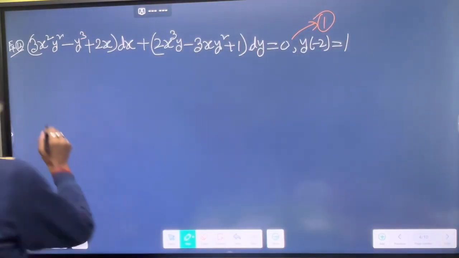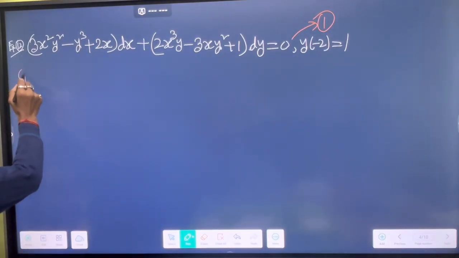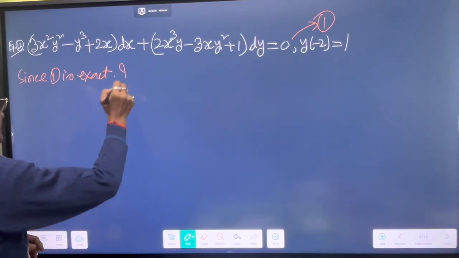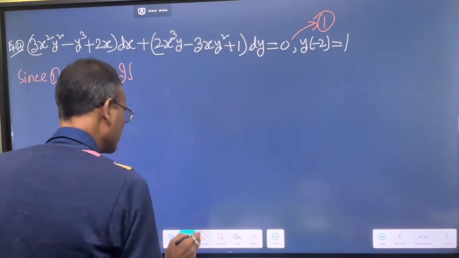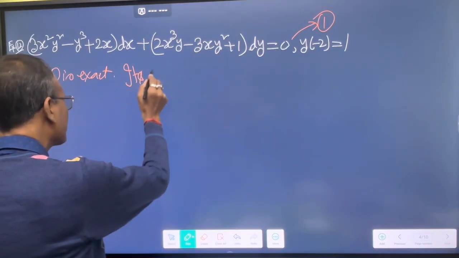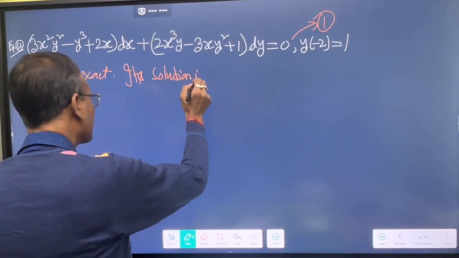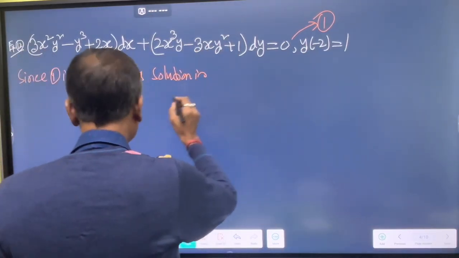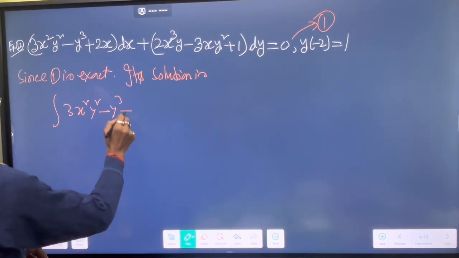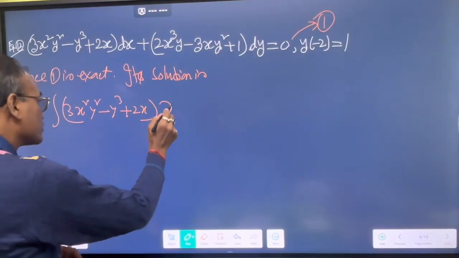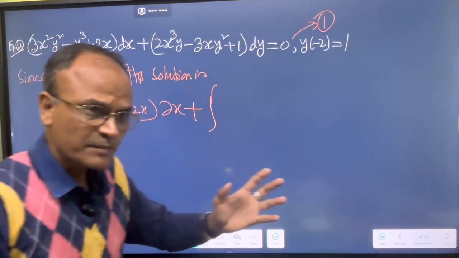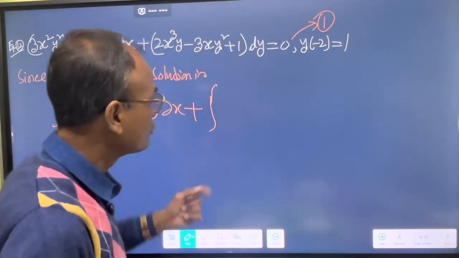Since 1 is exact, its solution is the integral of M dx, where M is thrice x square y square minus y cube plus twice x, treating y as constant, plus the integral of N dy, taking only those terms which are free from x, which do not contain x.